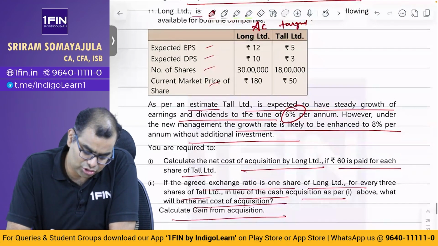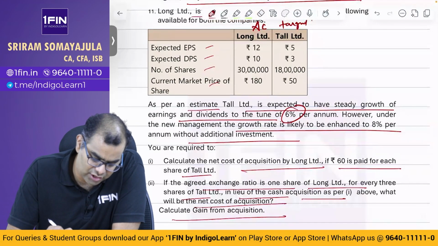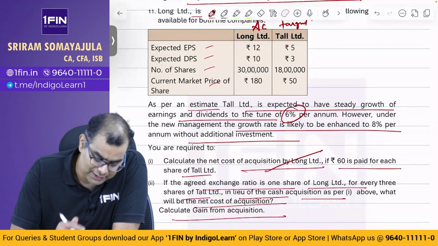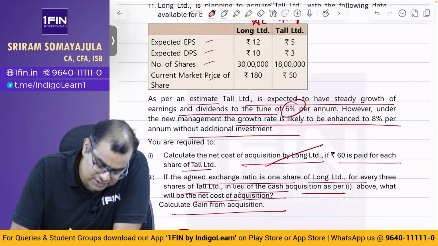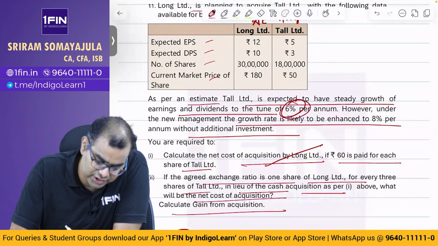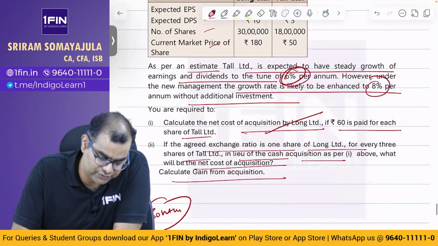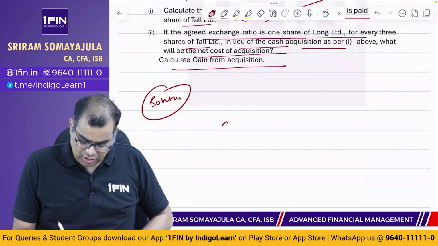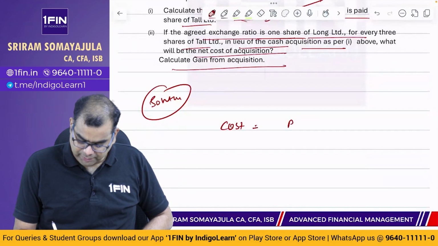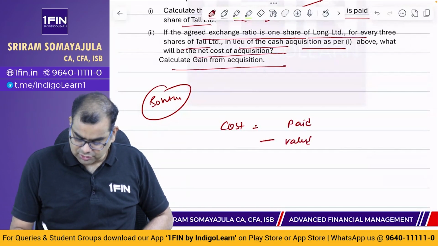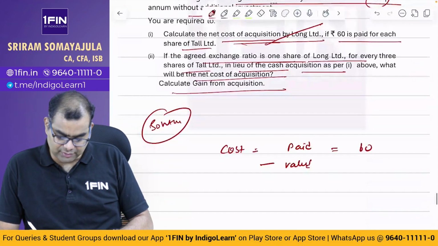Anyway, let's move forward. Now, what is it that they are saying? First, we are supposed to value Tall. Net cost of acquisition by Long if 60 is paid for each share of Tall. Now you see, dividends are supposed to grow at a steady growth rate of 6%, but it may be enhanced to 8% without any additional investment. Cost is equal to what is paid minus what is the value. So this is 60, and what is the current market value?